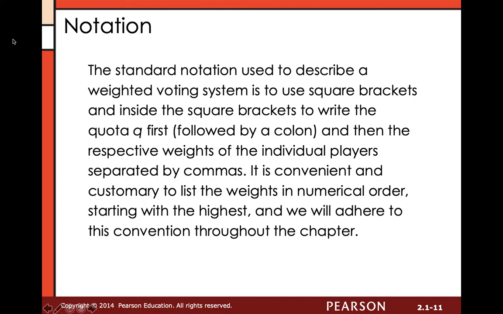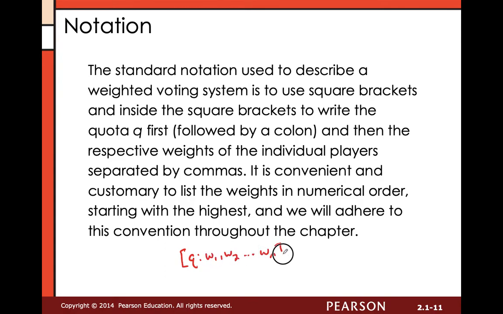So the standard notation that we're going to use is going to be to use square brackets. So those will look something kind of like this. You'll have your square brackets, and then we'll say what our quota is first, followed by the weights of each of our players.